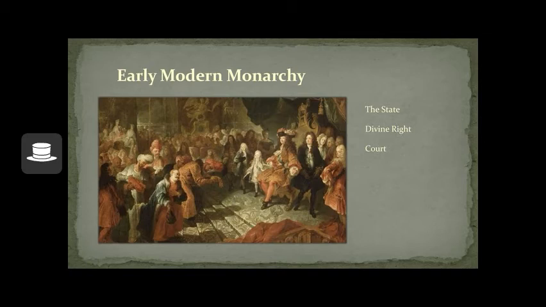And they would need to be kept an eye on. And so courts were places where nobles would surround the king. You've probably heard the statement, keep your friends close, but your enemies closer, right? And so kings could keep a wary eye on their nobles at court. If they were out on their own estates far away, well, they could potentially get into mischief.